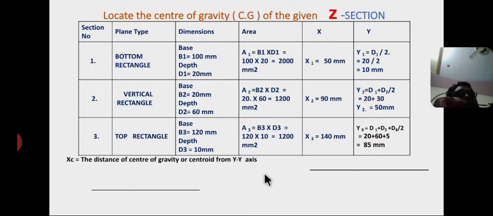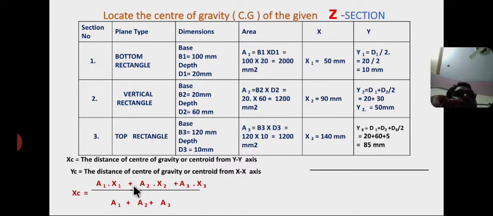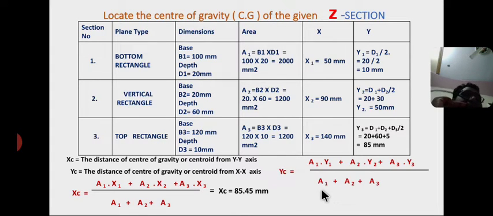Now from the general expression, xc is the distance of the centroid from the y-axis, yc is the distance of the centroid from the x-axis, xc equal to a1 x1 plus a2 x2 plus a3 x3 by a1 plus a2 plus a3. Answer is xc equal to 85.45 mm. Now from the general expression, yc equal to a1 y1 plus a2 y2 plus a3 y3 by a1 plus a2 plus a3, and the answer is yc equal to 41.36 mm.